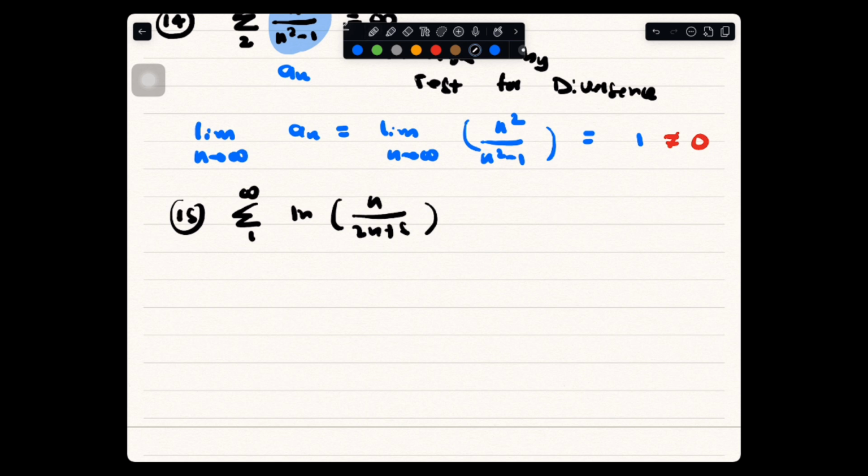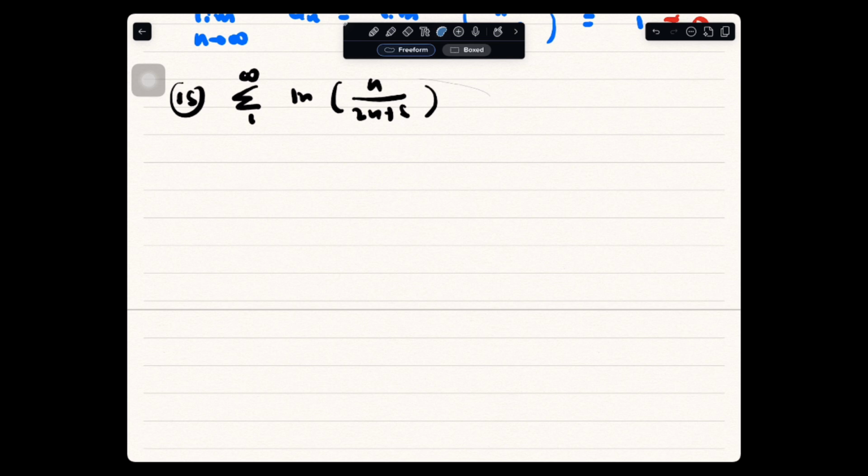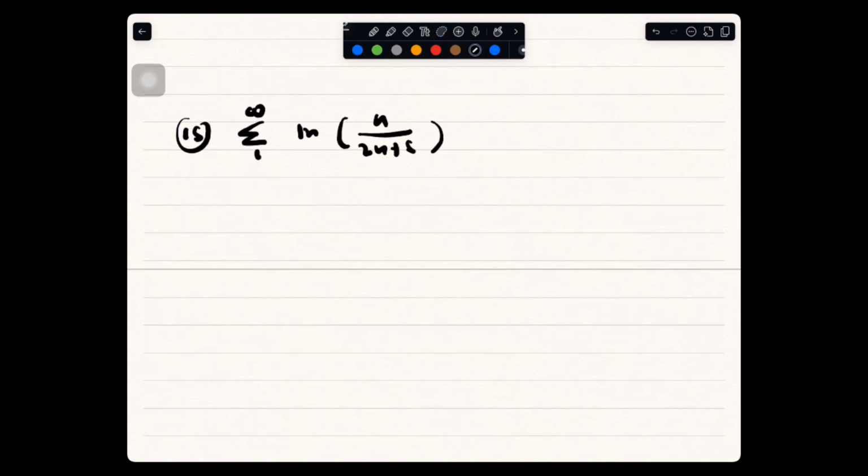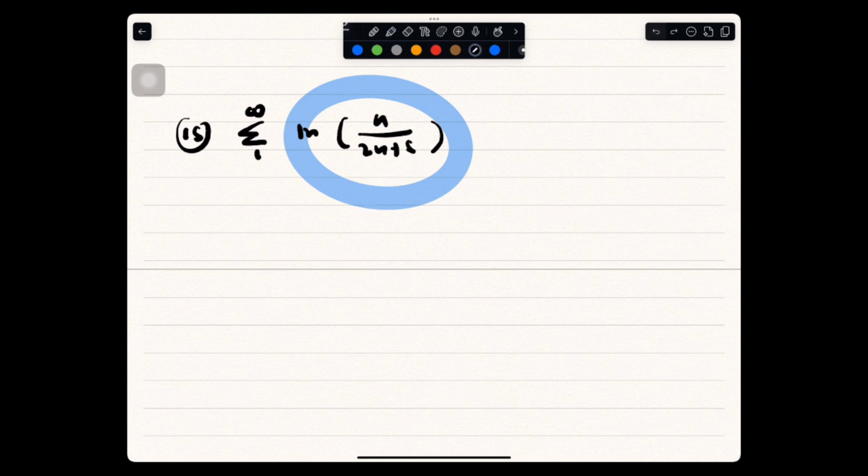Okay. Let's look at this next series here. 15. Again, we're going to call this an. So an is going to be the natural log of n over 2n plus 5.